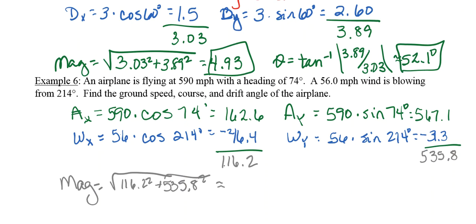So we have a magnitude, which is the ground speed, of 548.3. So this is the ground speed.